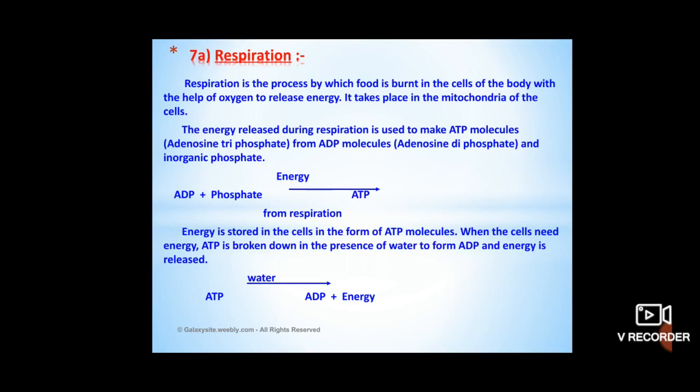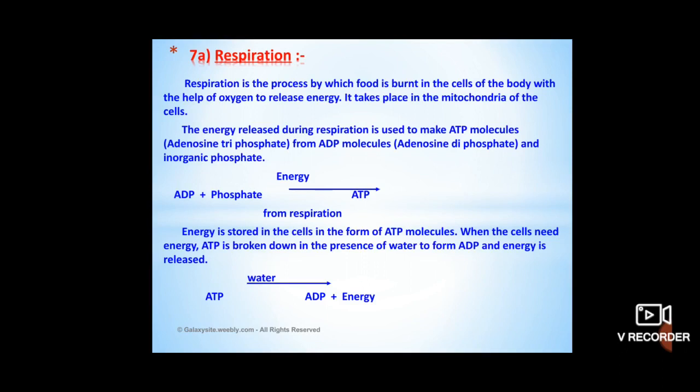See children, whatever food we consume is digested in our alimentary canal, in the digestive system. But here one thing you should remember: the digested food reaches each and every cell by transportation.